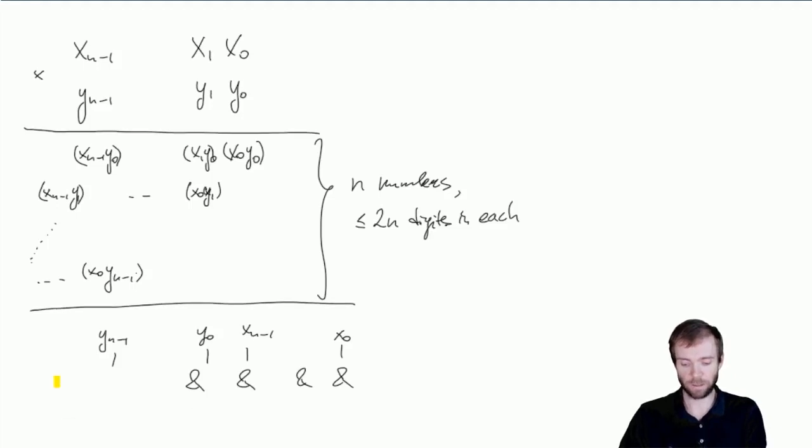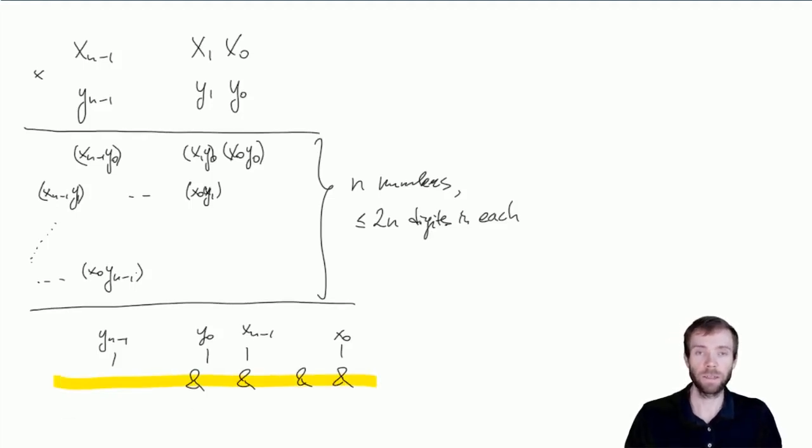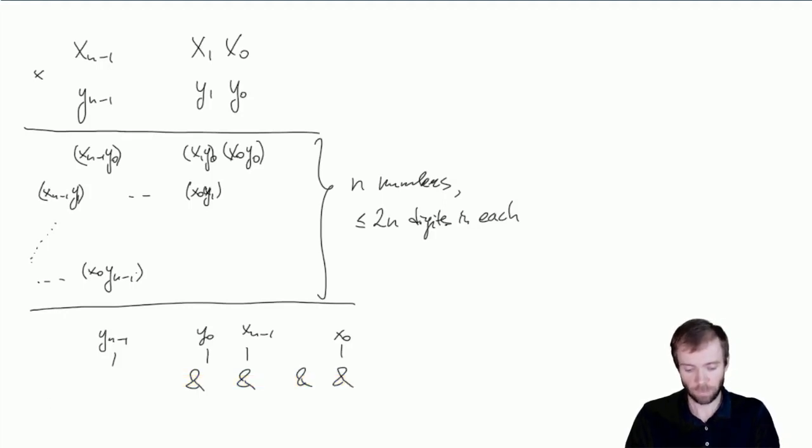This would be a single layer consisting of many conjunctions. This layer will have size proportional to the number of pairs, x times y, so the size of the layer will be theta of n squared. And the depth will actually be 1, so here the depth is constant.